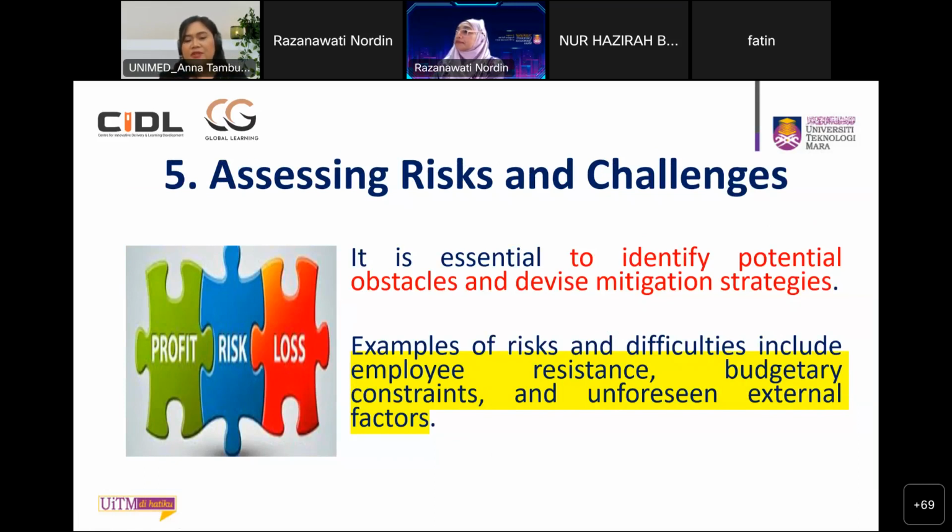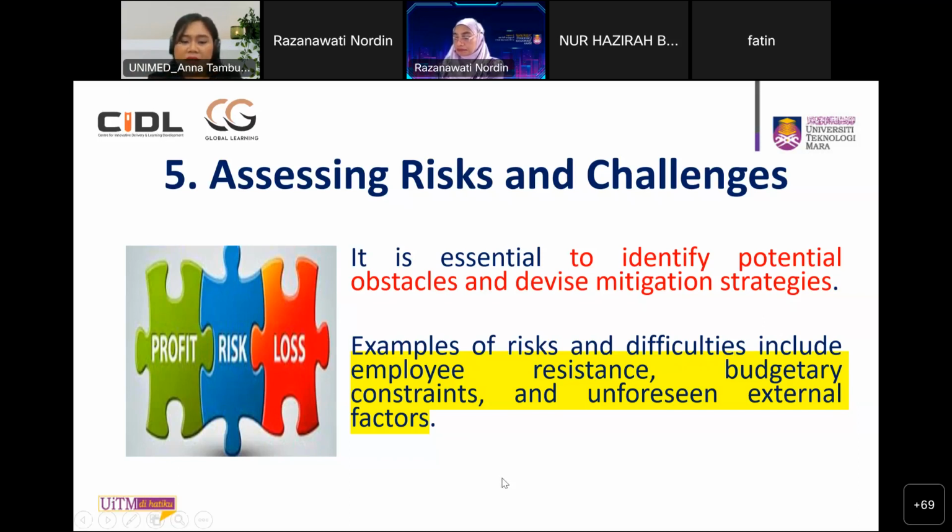Examples of risks and difficulties could include resistance from employees, budget constraints, or unforeseen external factors. By anticipating these issues and having a plan in place to address them, the proposed initiative is more likely to succeed.